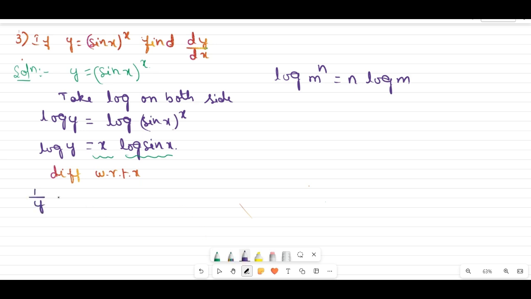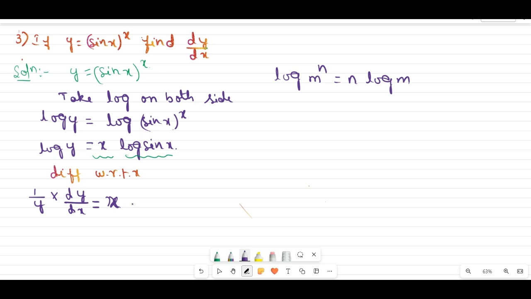Log y, as usual, gives 1 by y, and y derivative is dy by dx. Observe this properly, this is the same thing we should write for all the problems. If you have log y, it is 1 by y dy by dx. Next, apply the product rule.